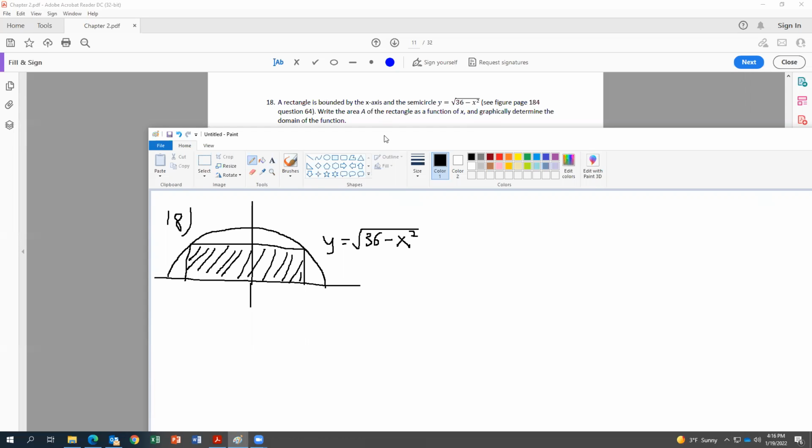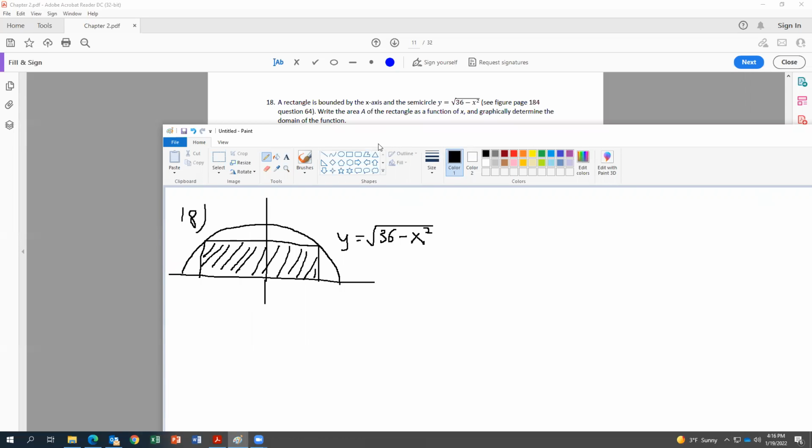Okay, so how do we do this? Look at these points here. Let's say from here to here is x, and then from here to here is also x, and then from here to here is y, and from here to here is y.